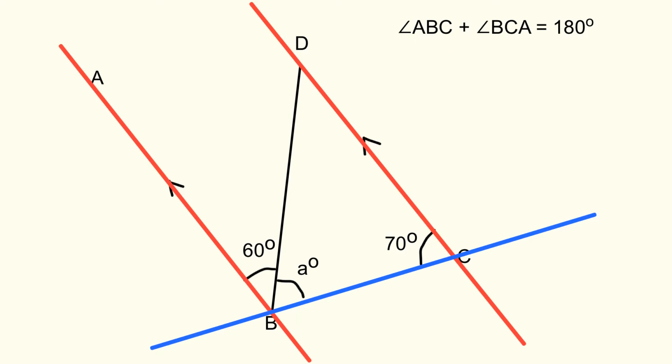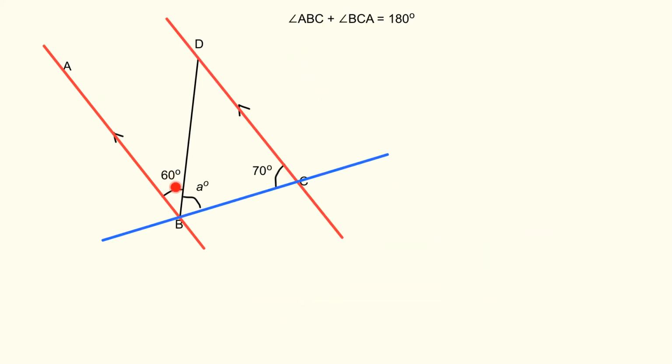So angle ABC add angle BCD, B to C to D, must equal 180 degrees. That angle in there, add that angle in there, must equal 180 degrees. Alright, so angle ABC can be written as 60 add A, and angle BCD can be written as plus 70 degrees, and we know that co-interior angles need to equal 180 degrees.